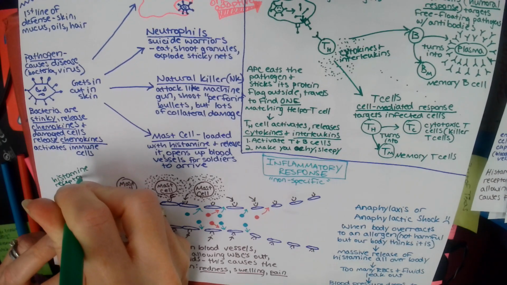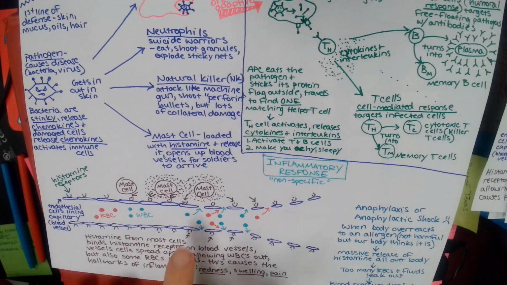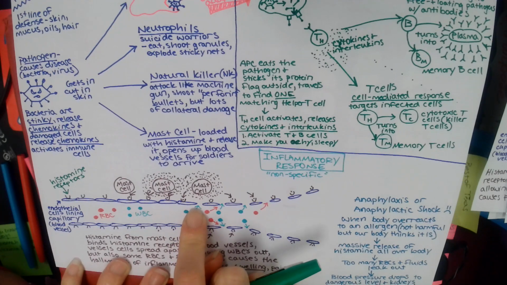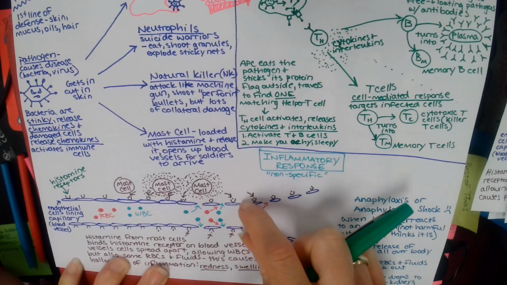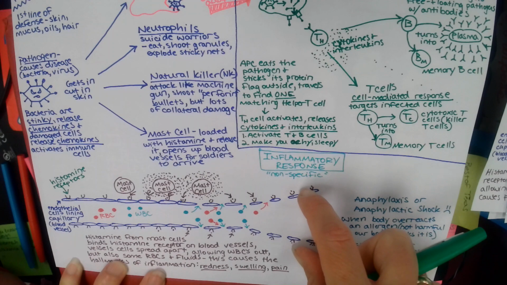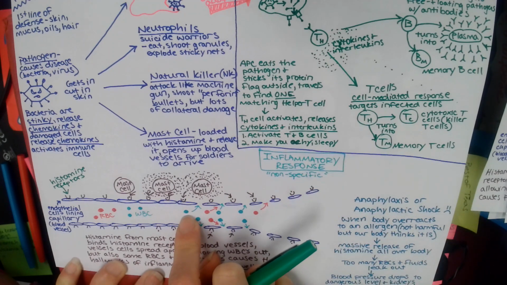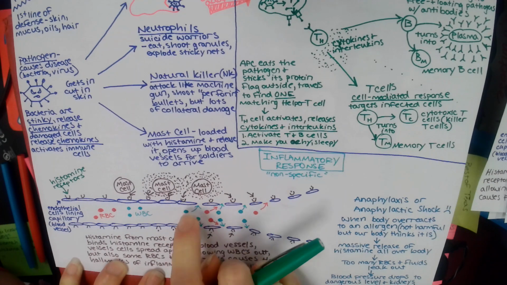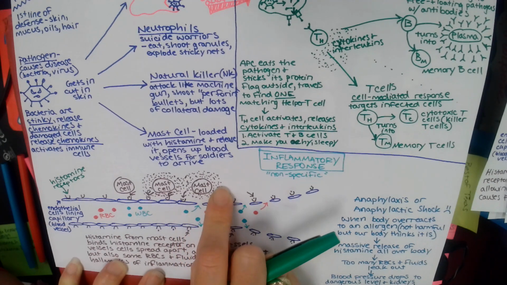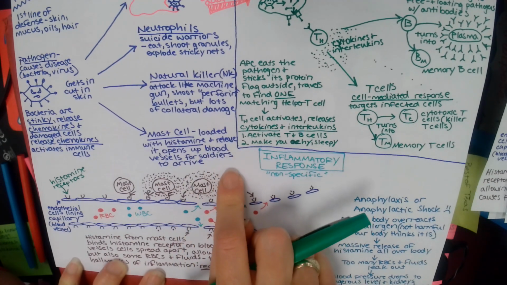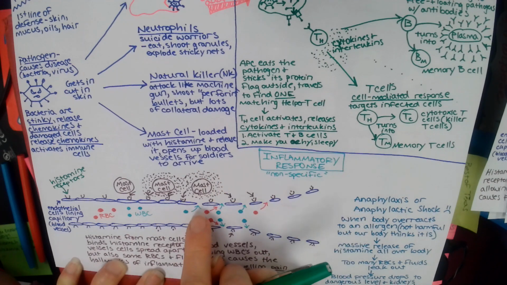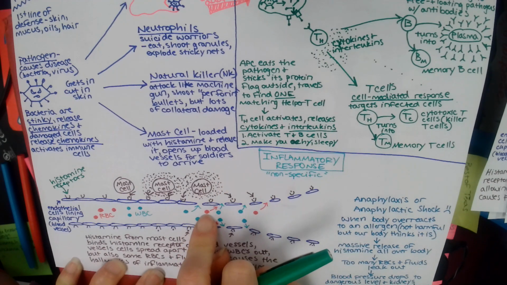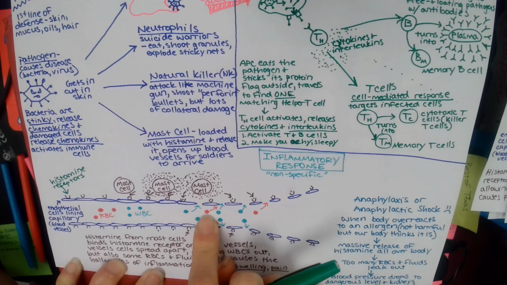When they bind to this receptor, it causes the cells lining the blood vessel to spread apart and to dilate. And when that happens, the larger white blood cells, like more macrophages and dendritic cells, are able to leave and enter the tissues to start fighting the pathogen. But it's also going to cause some red blood cells and fluids to leak out as well.